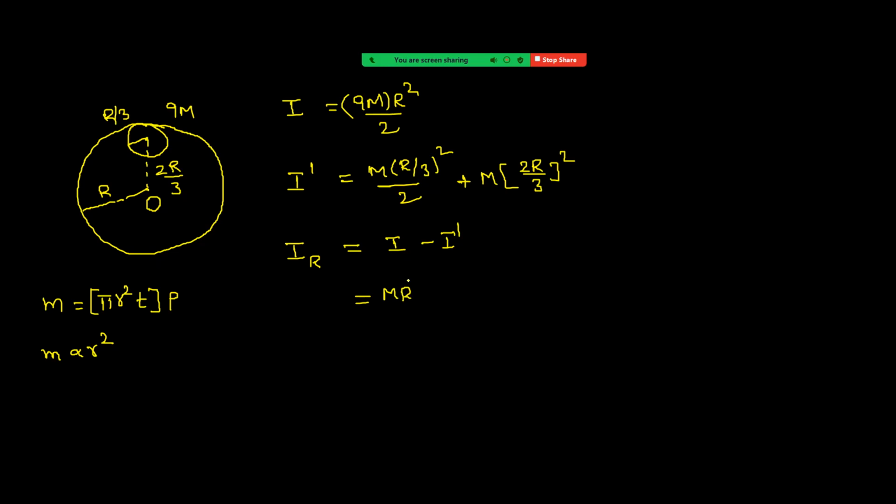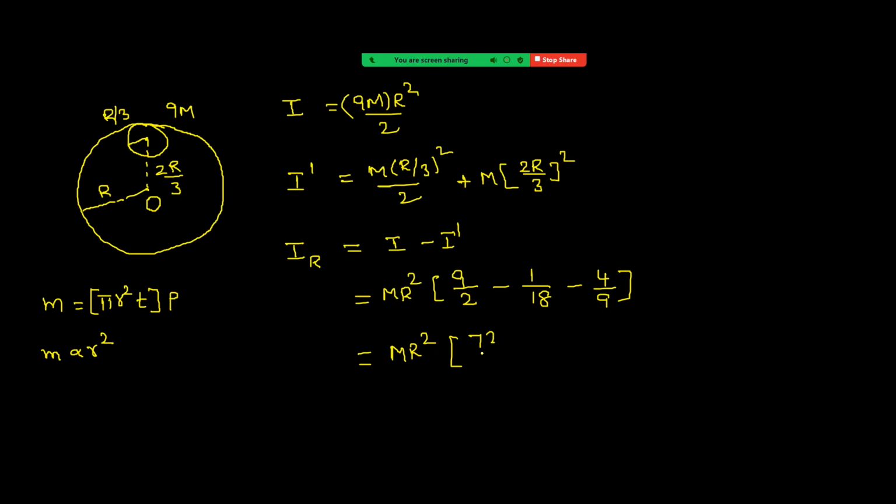Okay. Now substitute values here. Let us take mr square outside. Remaining is 9 by 2 minus, this is 1 by 9 and this is 2, so 1 by 18, minus 4 by 9, mr square. Now simplify this.